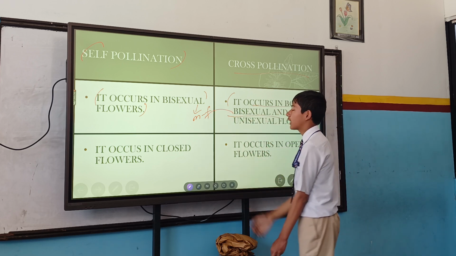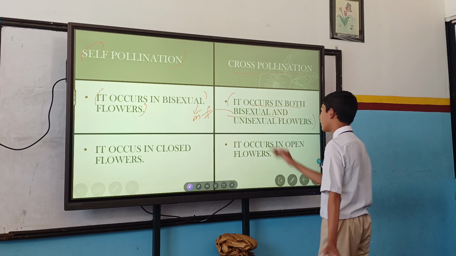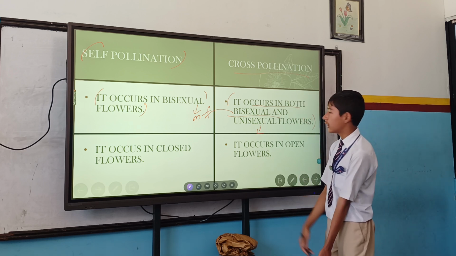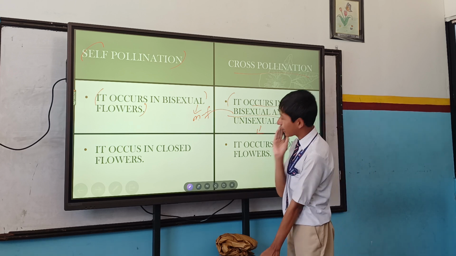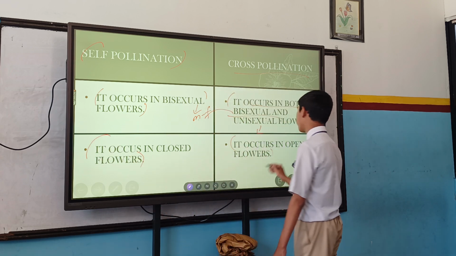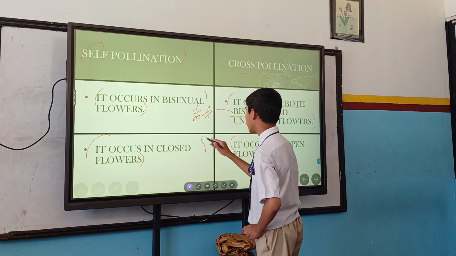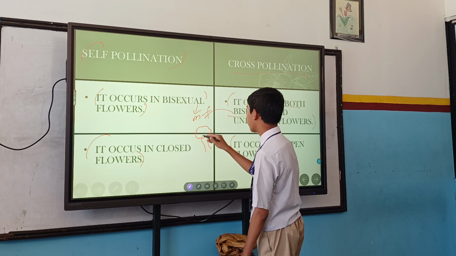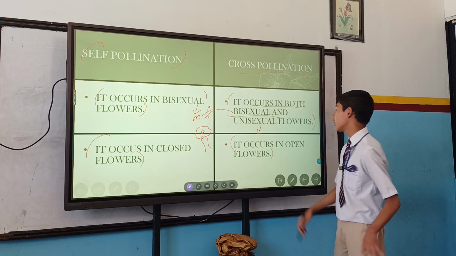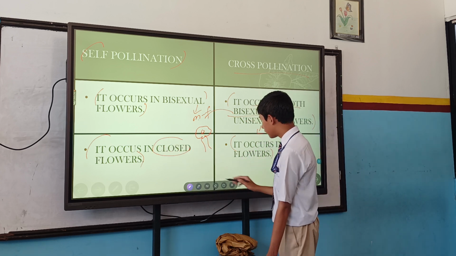Bisexual flowers are those flowers which have both male and female reproductive organs, and unisexual means having only one reproductive organ. Self-pollination occurs in closed flowers, and cross-pollination occurs in open flowers. We studied about it some days before.